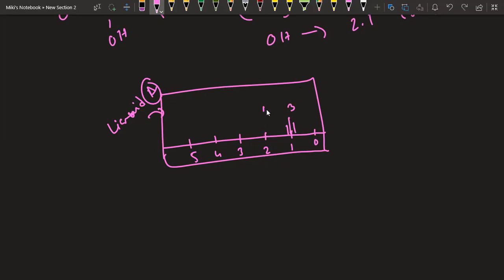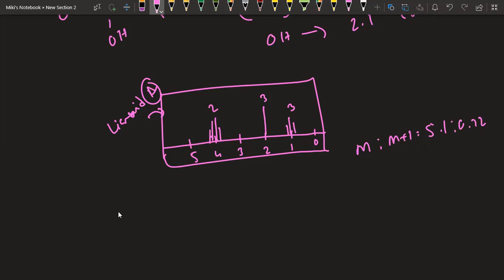Then we have something at this 2, which also says 3, and somewhat of a quartet here, which represents 2. Okay.